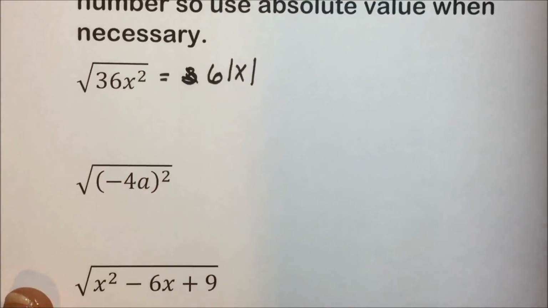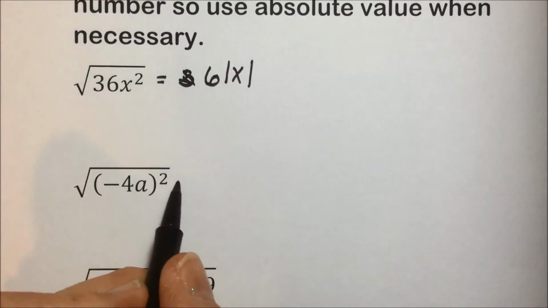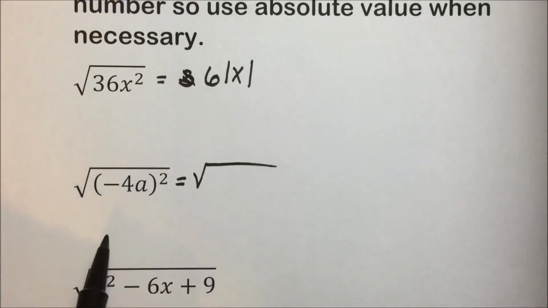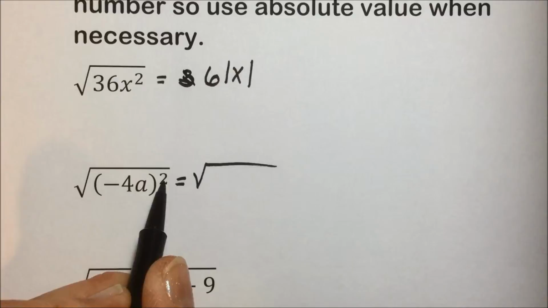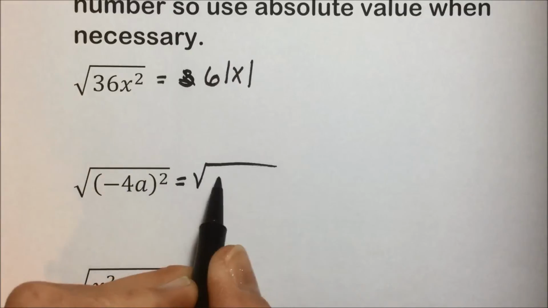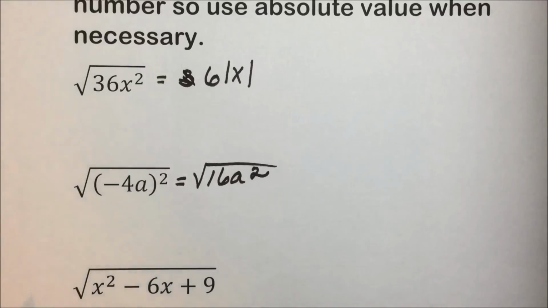In the next one, you might think negative 4, but if you simplify this expression following your order of operations, negative 4a squared is negative 4a times negative 4a, which is 16a to the second.